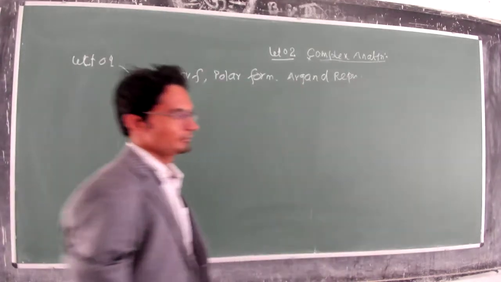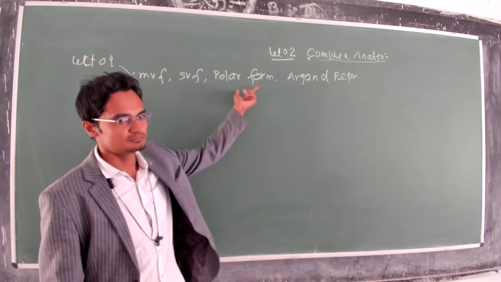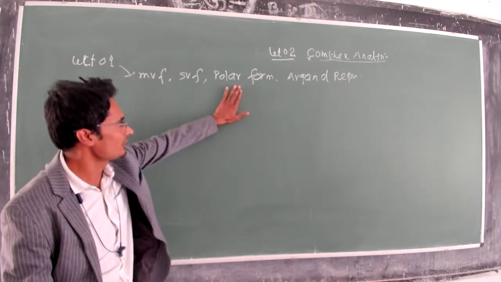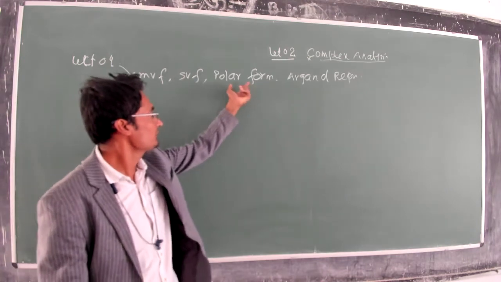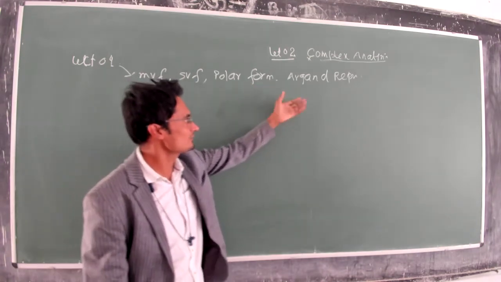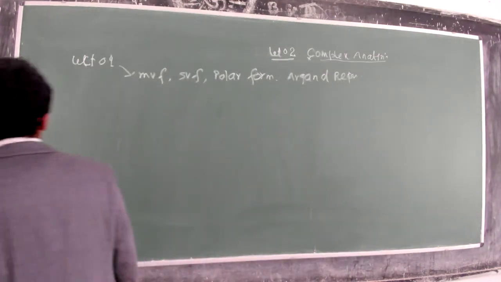We had also seen that when we are in multiplication or division, we use the polar form, otherwise we use the Argand. Okay, so the normal cases.